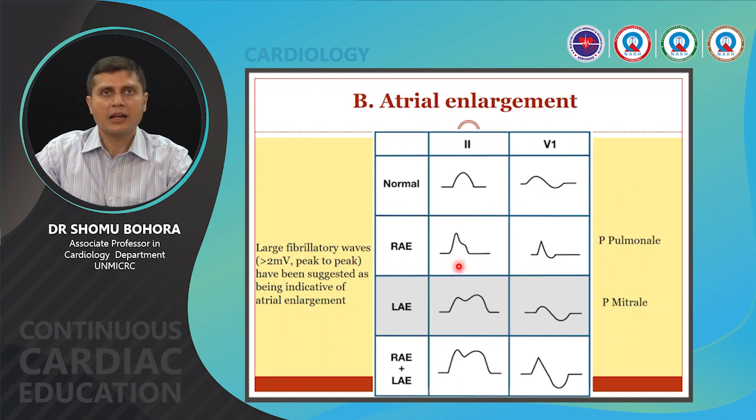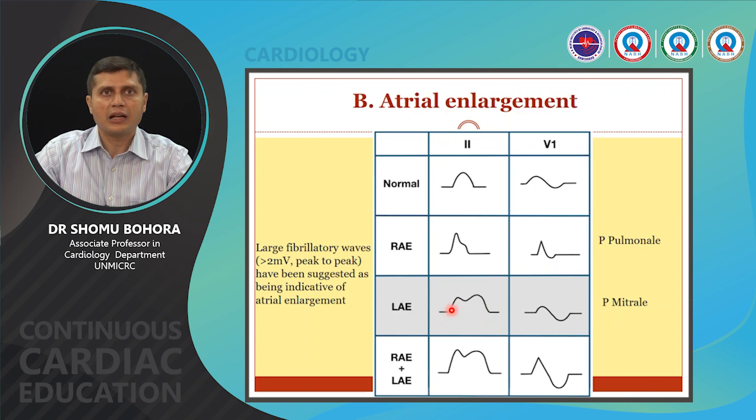In a right atrial enlargement, the P wave becomes more peaked in lead 2, giving it a pointed appearance, and even in V1 it becomes pointed with the terminal part being less evident.